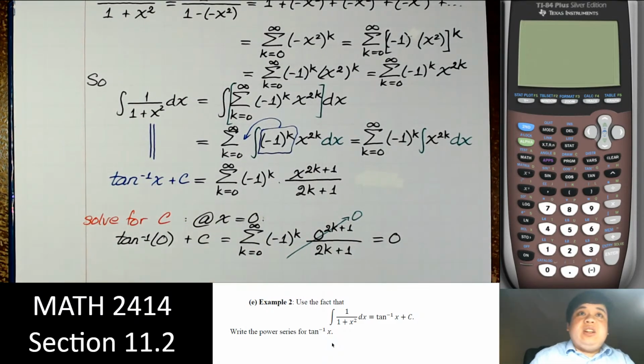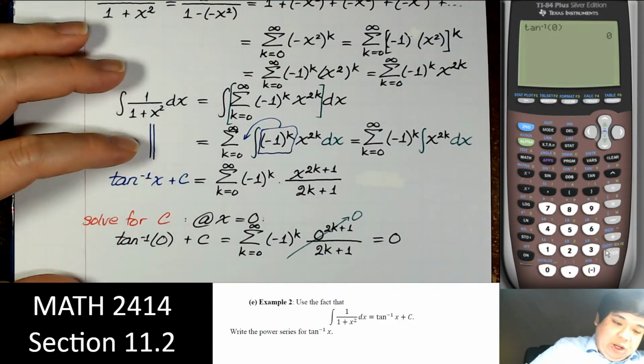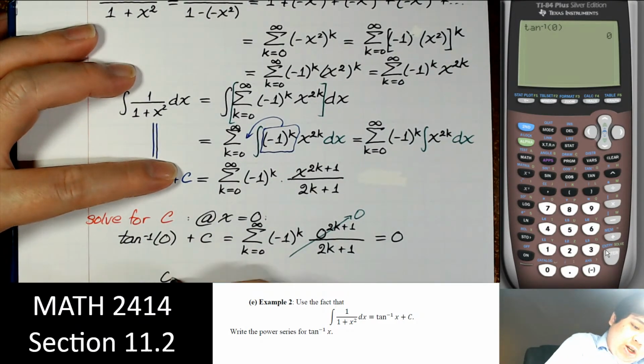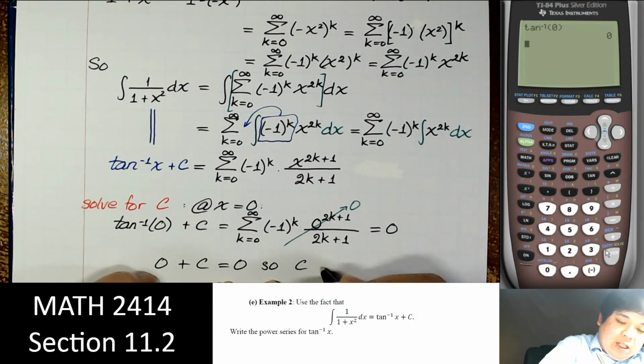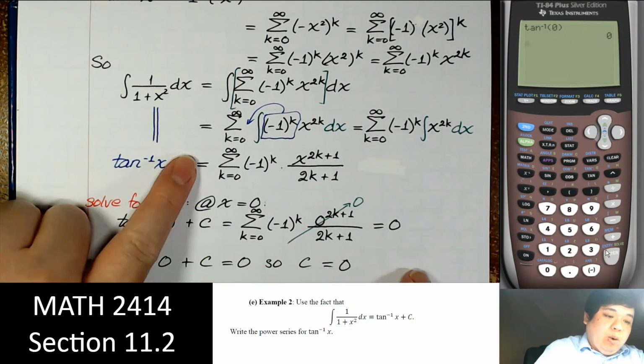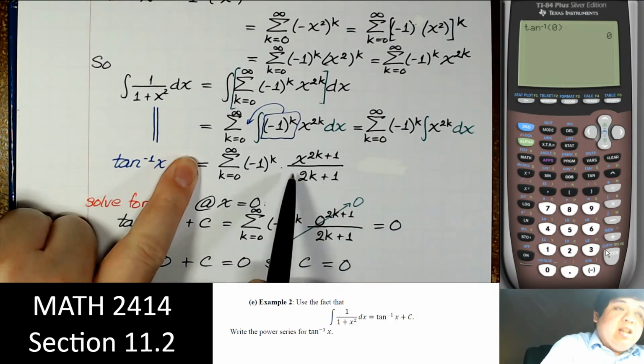By the way, what is tangent inverse of 0? That is 0. So we have 0 plus c is equal to 0. So obviously, c is equal to 0. If c equals 0, tangent inverse is equal to that.